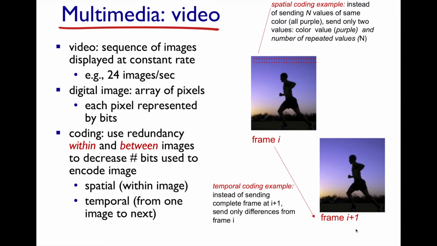So by sending the deltas, or what has changed from one time instant to the next, you're now realizing a savings in the amount of information that's sent across the wire, and therefore sending those updates takes up less bandwidth. Okay, any questions about this? So the first is called spatial coding, and the other is called temporal coding. And all of this is in service to sending this image data, i.e. the video, using up less or as little bandwidth as possible.